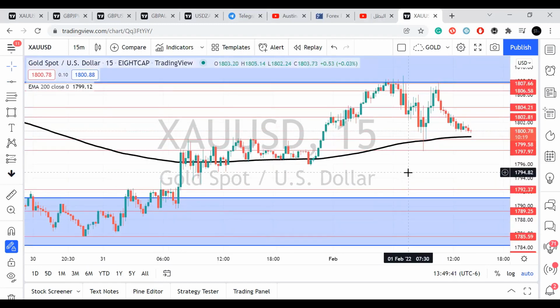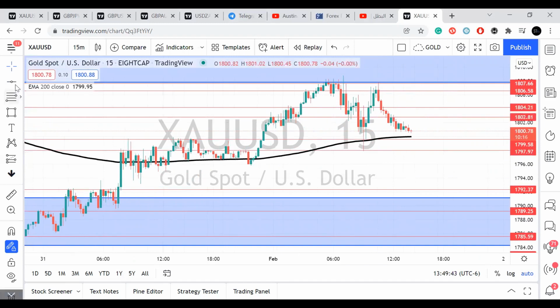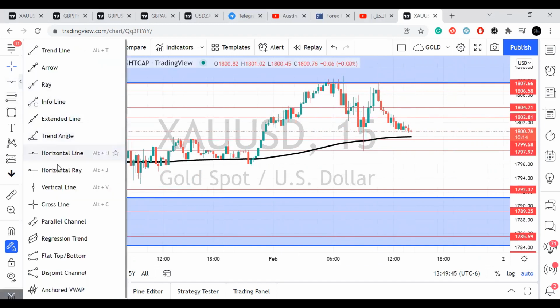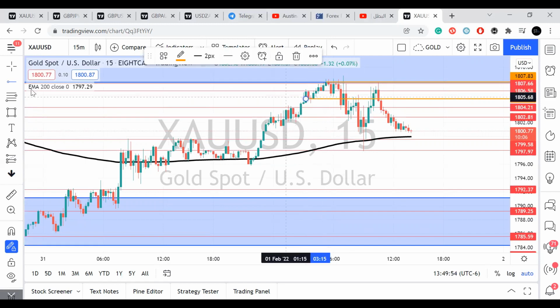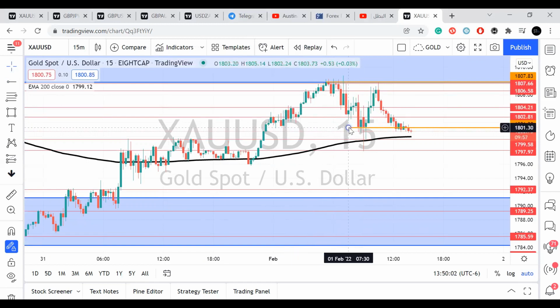And the current structure. So price was here as the high and the low. Then from here, price came, broke structure, pulled back, and we had a continuation to the upside. So this is the current structure.